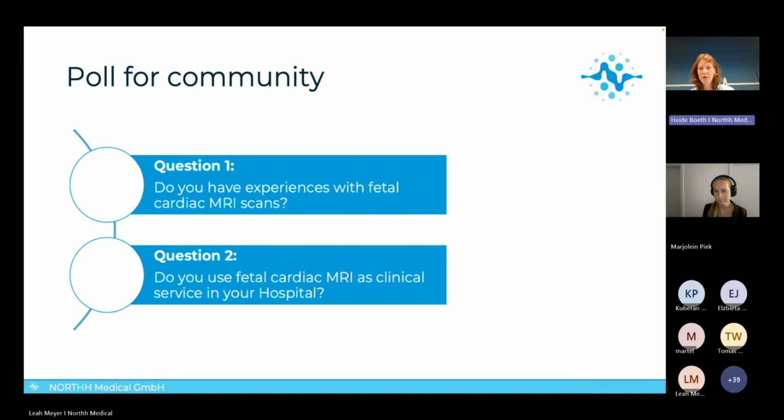Probably you already see the answer. Most of you are not using fetal cardiac MRI as a clinical service, which is very interesting and good, because today we learn a lot about how to integrate it into clinical service. About 30% are using it in clinical service, and the others not. Great.